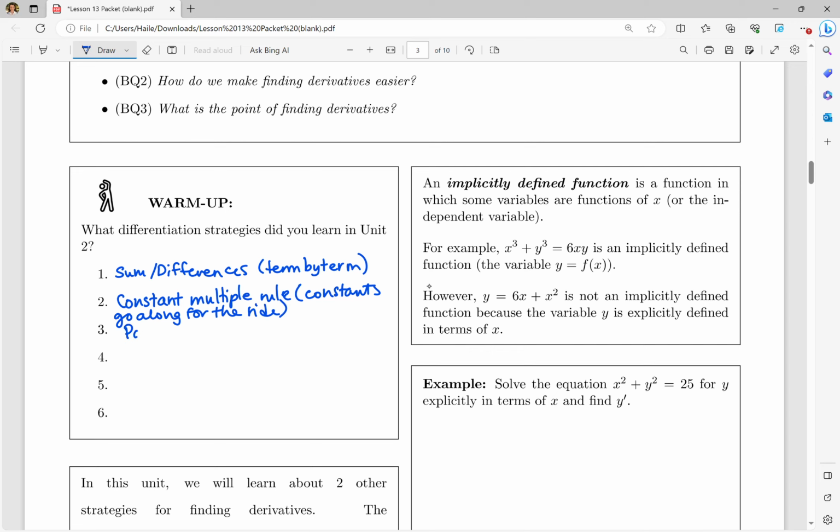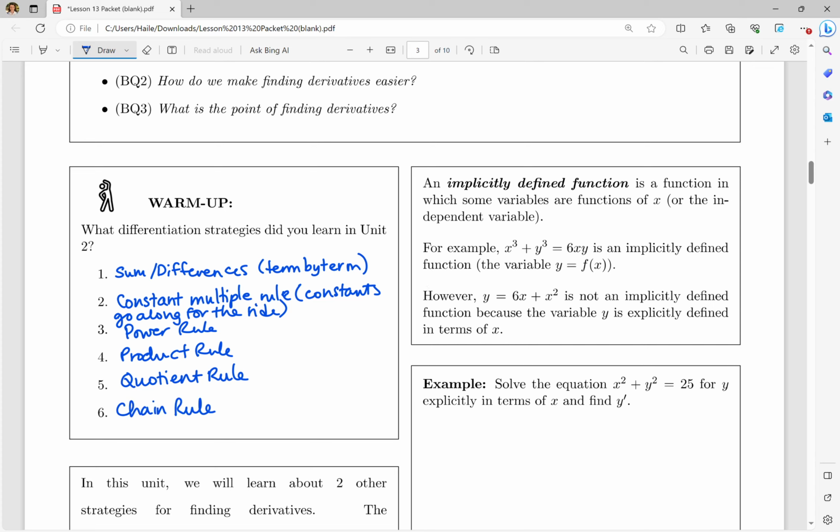We had the power rule, product rule, quotient rule, and chain rule.